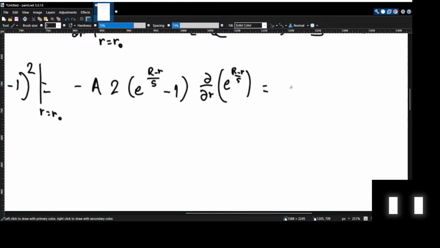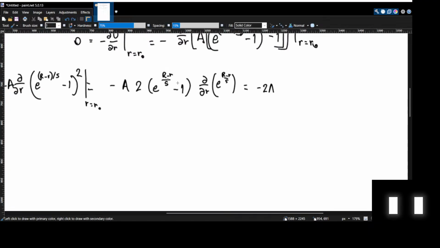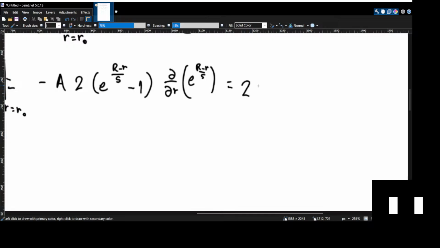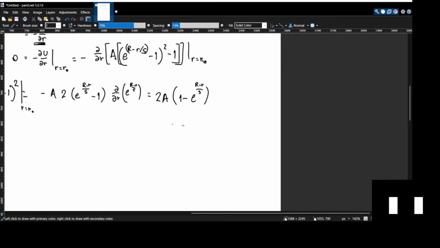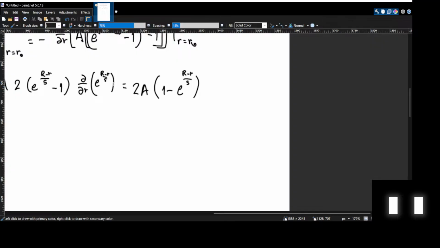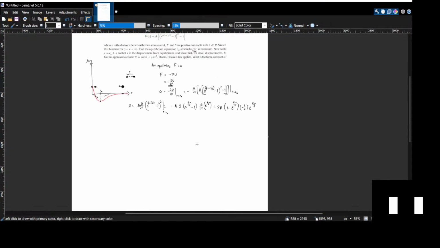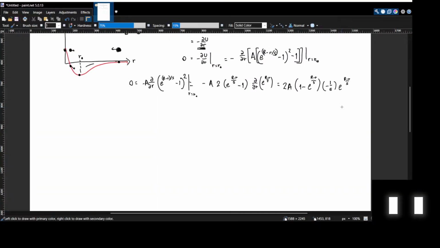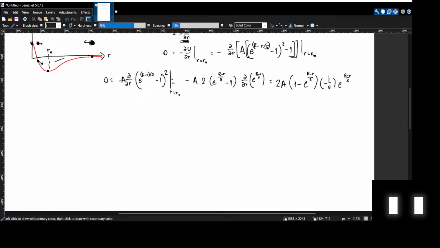So here we would have negative 2A, and the negative I can just put into that bracket. We have e to the R minus R over S, and then the partial derivative of that, which is minus 1 over S times e to the R minus R over S. So that's that, and it's going to be equal to 0 if R equals R naught.